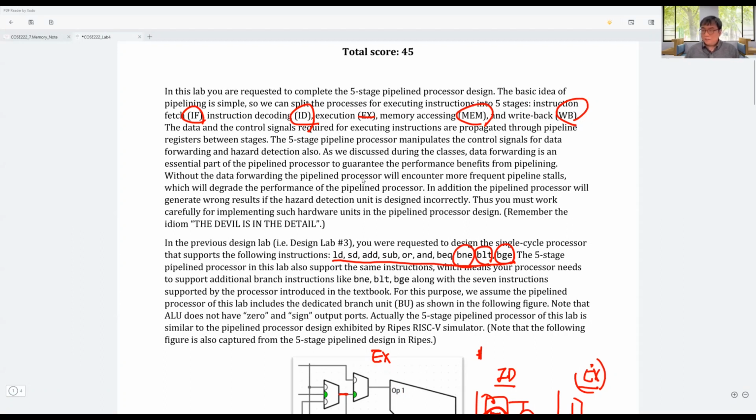So what are the details? The details are like the forwarding path, the hazard detection, and exception handling. Those are the implementation details, and they are very complex in the pipeline architecture. So please remember the idiom, the devil is in the detail. It's a difficult part.